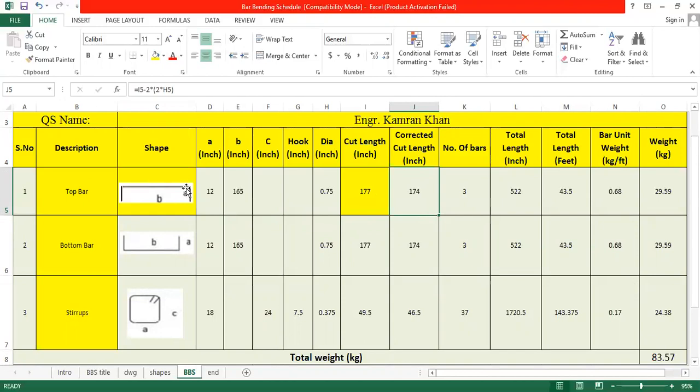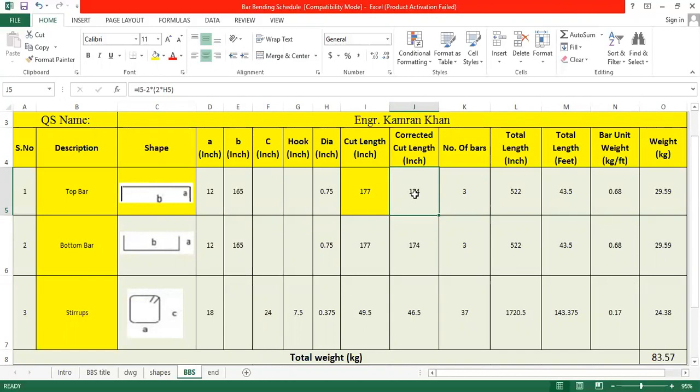By definition we are supposed to deduct 2d on that side and 2d on this side, because for a bend of 90 degree we deduct 2 dia of bars. So 2 dia of bars on that side and 2 dia of bar on the other side will make a 4 dia of bar deduction.